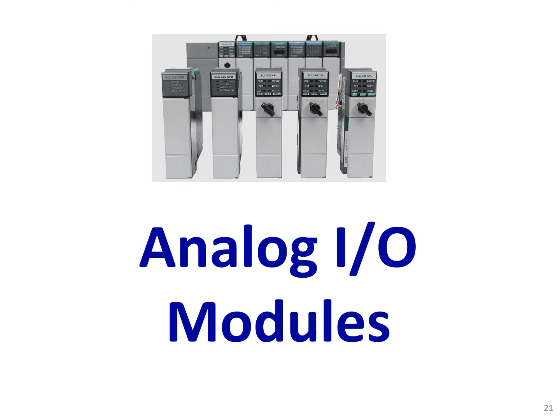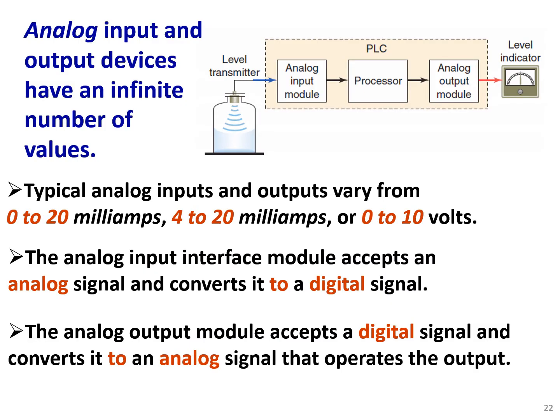Okay, so we are done with the discrete section. Now analog input-output modules. Analog input-output devices have an infinite number of values. So when we say infinite, we just want to have a comparison with the discrete.